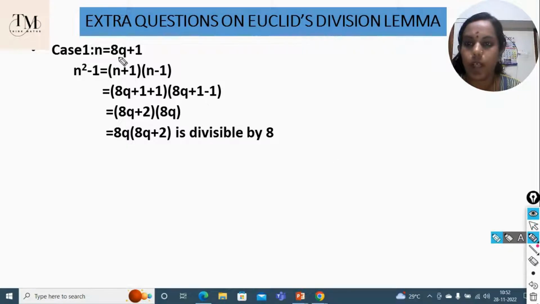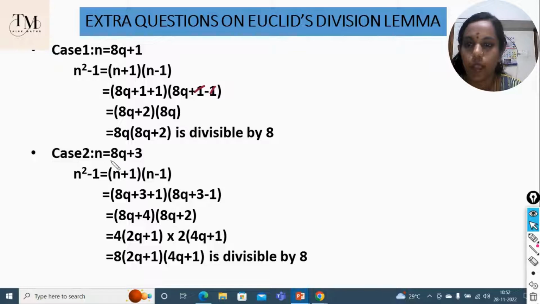Instead of n, we substitute 8q plus 1. The plus 1 and minus 1 get cancelled, so only 8q will be here. So we can take 8q in front: 8q into 8q plus 2, which is divisible by 8.